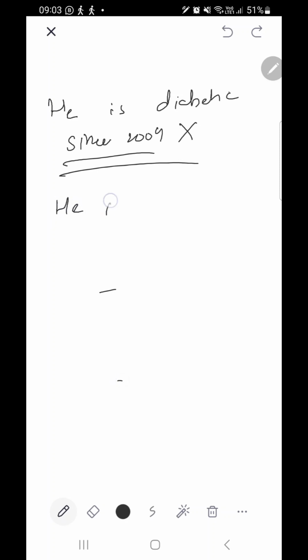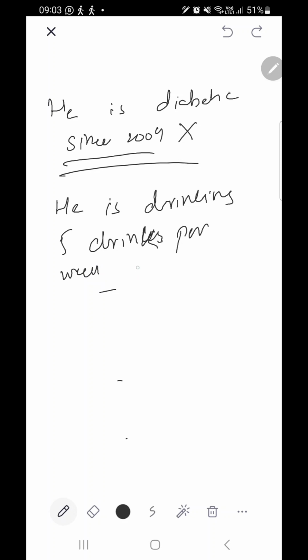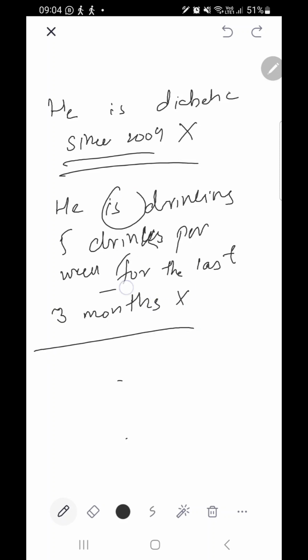Let's say we use "He is drinking 5 drinks per week for the last 3 months." Again, it's wrong. We cannot use "is" before "since", right? These are some common errors.